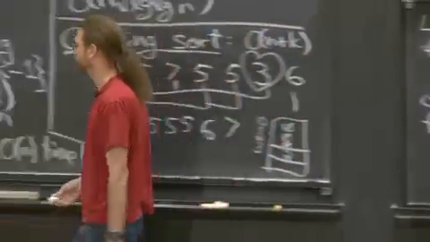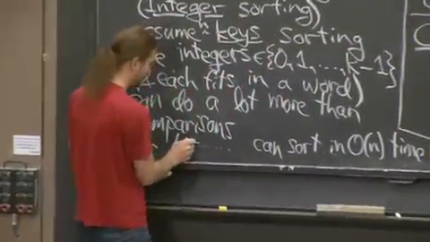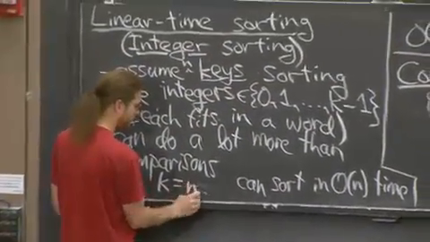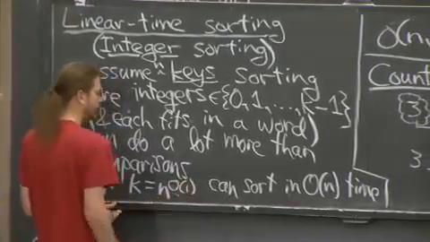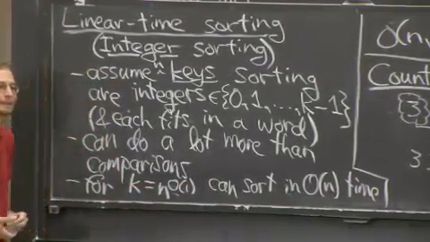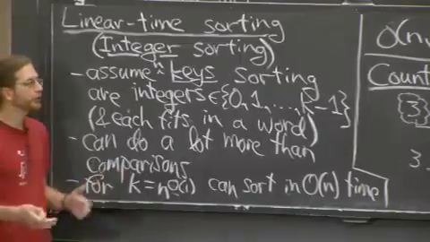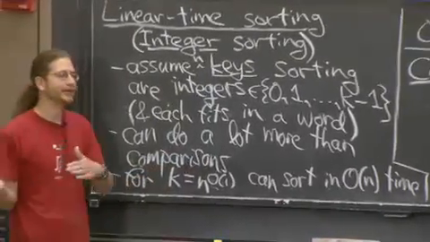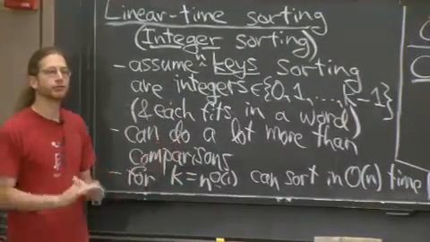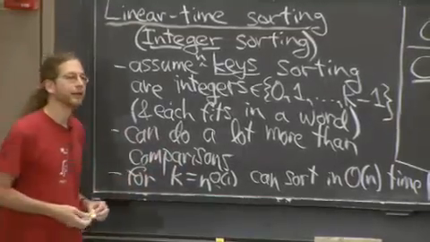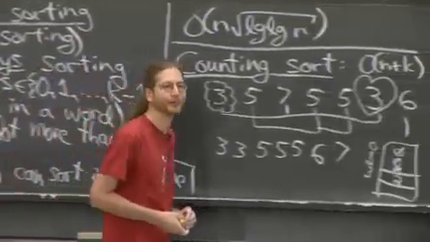I'll tell you the answer. K can be polynomial in n. So like if all your integers are between 0 and n to the 100, you can sort them in n log n time. That's a lot bigger.